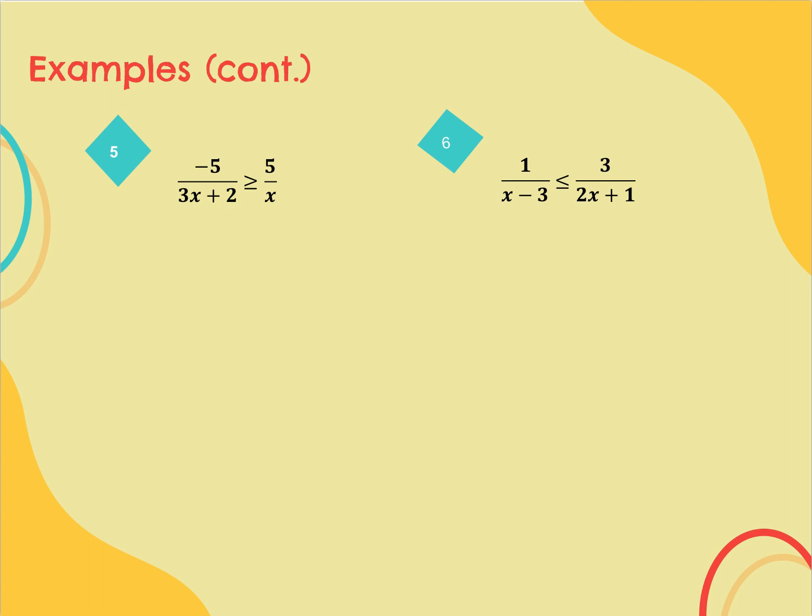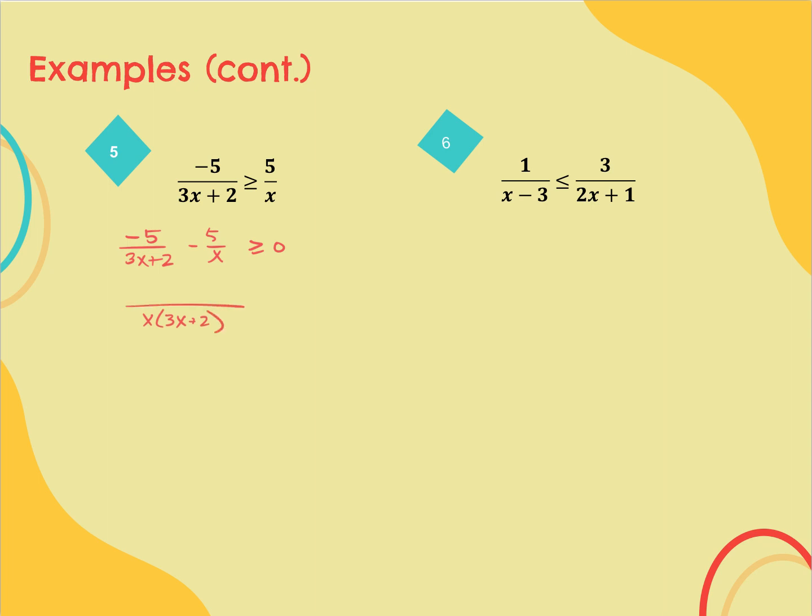Again, we have to make it equal to 0 first of all, or greater than or equal to 0. So we're going to do minus 5 over 3x plus 2, minus 5 over x, is greater than or equal to 0. Now I have to get this left side, again, to have a common denominator. So my denominator is going to have to be x times 3x plus 2.